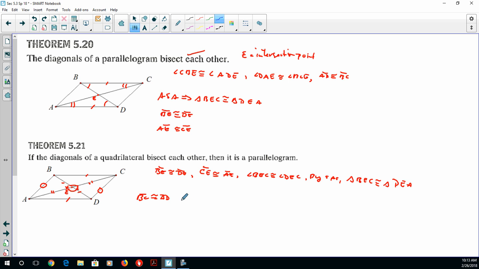The way mathematicians say it is by a similar argument, because they don't like to write it down anymore. AB is congruent to CD.